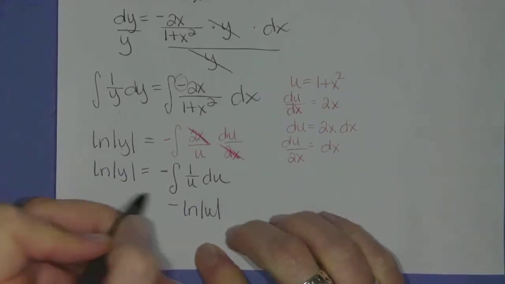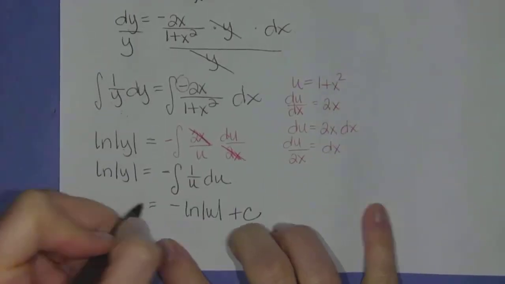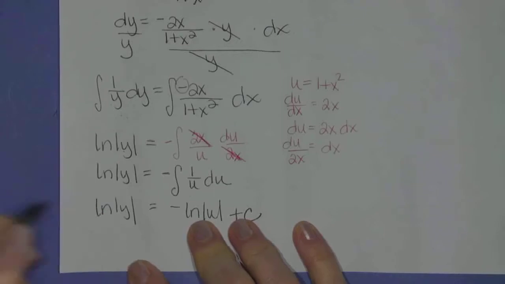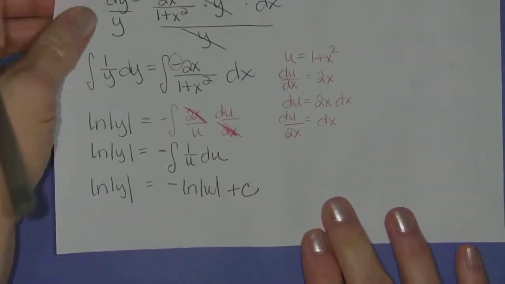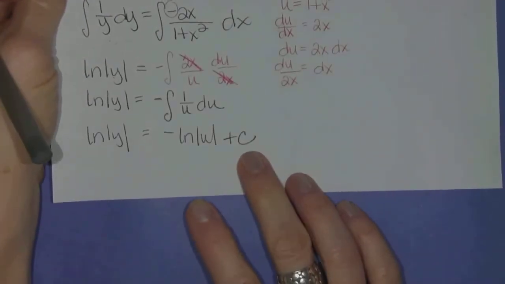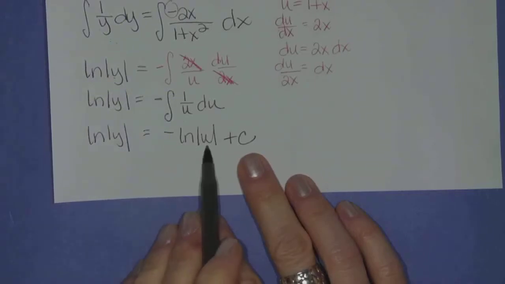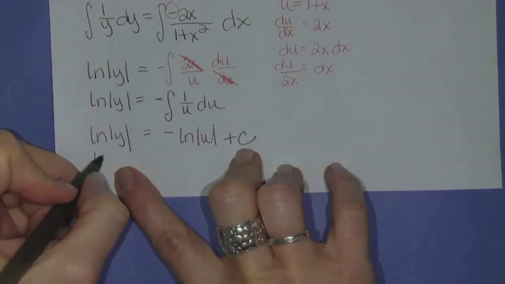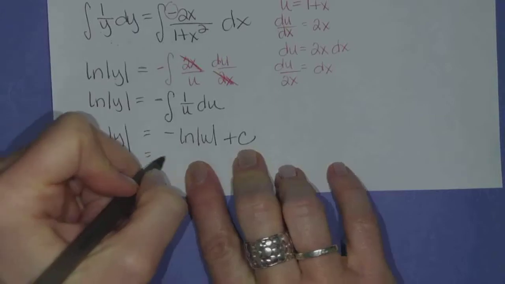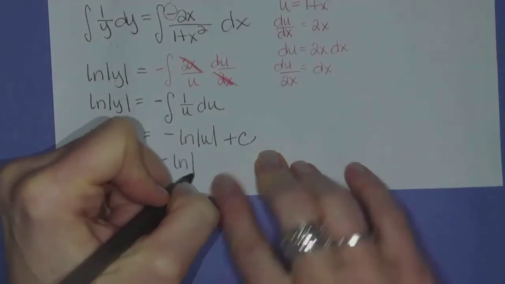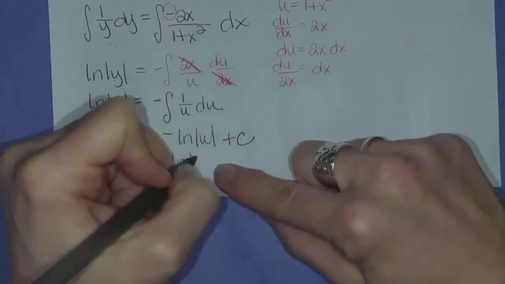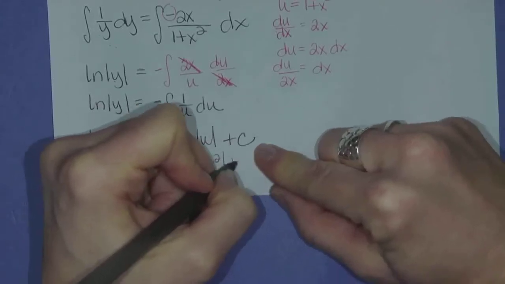Bring the negative down, add the c, and bring the left side down. Okay, now I don't have to find c, so I don't have to worry about that, but I want to plug my u back in. So let's make this the natural log of the absolute value of y equals the negative natural log of u, which is 1 plus x squared, plus c.